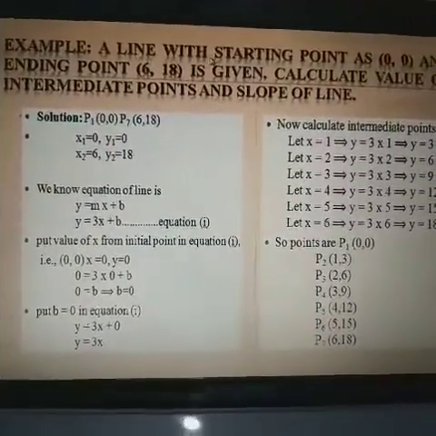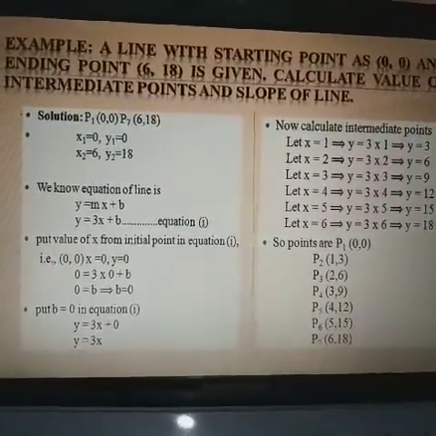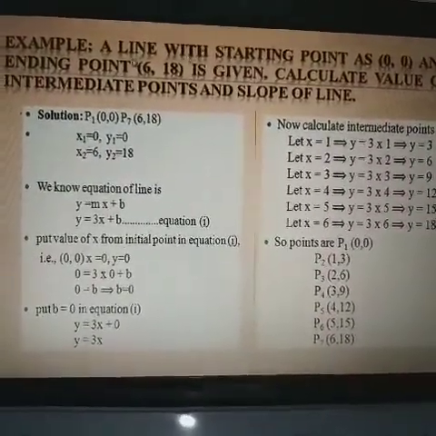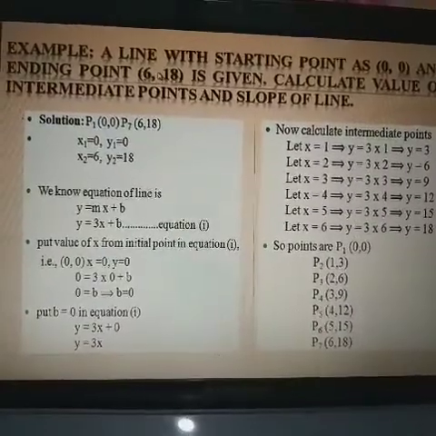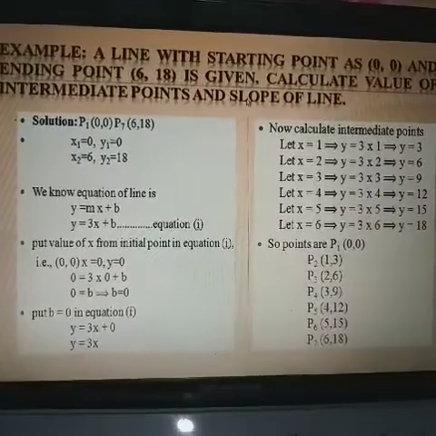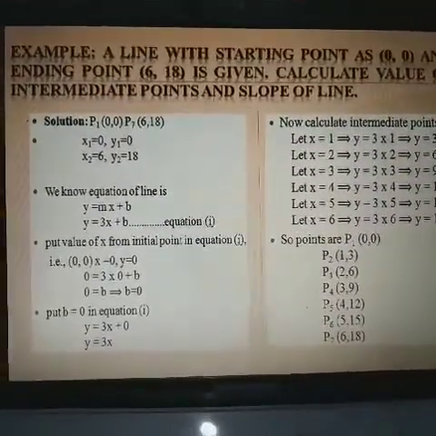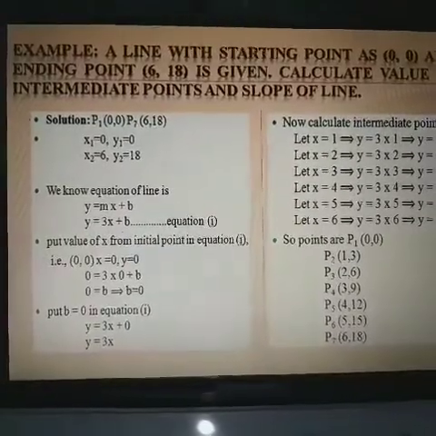Here is a line with starting point 0, 0 and ending point 6, 18. That is given. Calculate the value of intermediate points and the slope of the line. Simply, we have two points given, starting point and ending point.